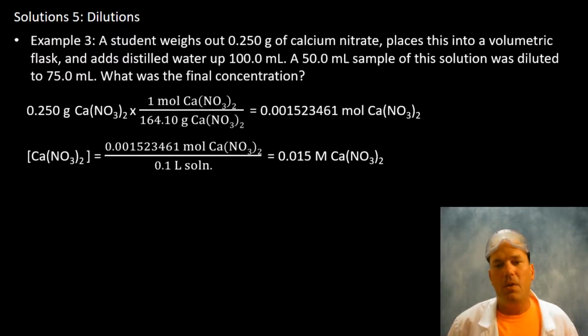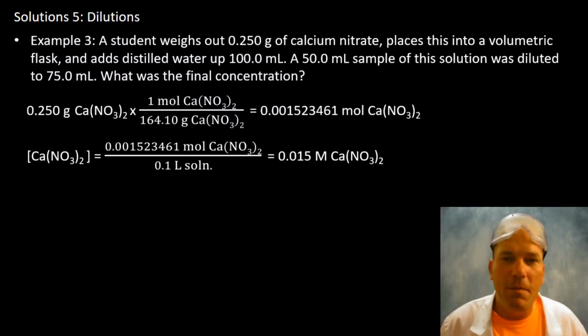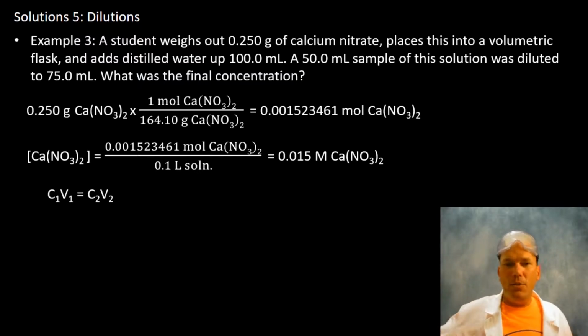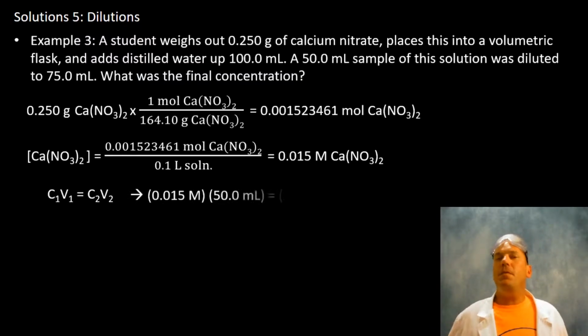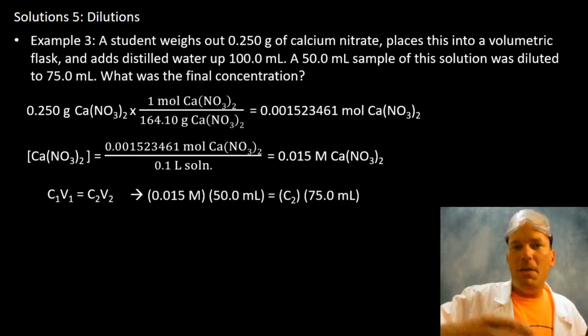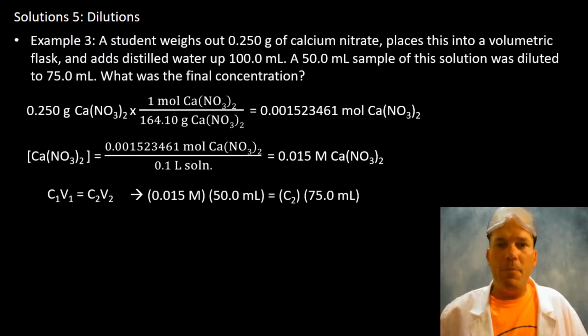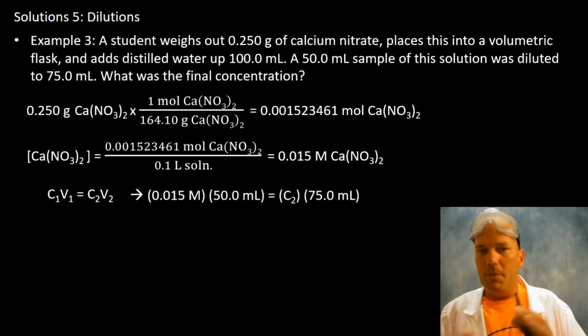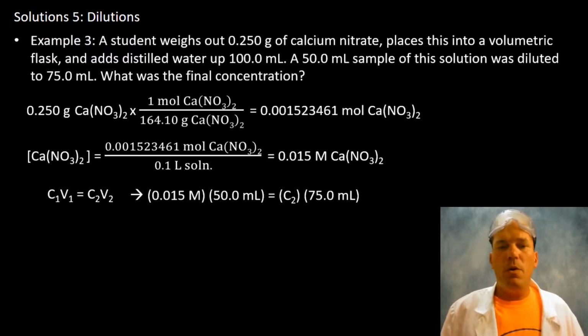Now what do we do? Well, now we can take this and use C1V1 = C2V2 to calculate the dilution, okay? Because now we're diluting it even further. Initially we have 50 mils. Remember, we took the 50 mils from the 100 mils. So our V1 is 50 milliliters. We're going to use 50 milliliters throughout. No worries.